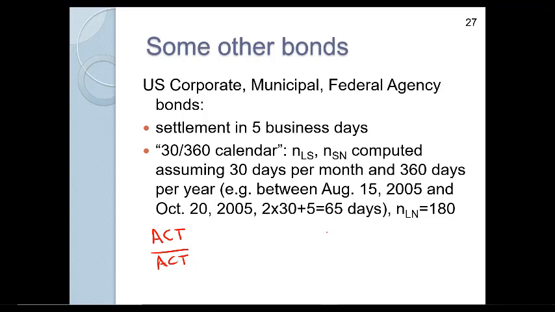So in this case, the number of actual days would be 66. Another convention could also be business days over 252. So in business days, you would count just the business days, which is 5 days per week. So these are different day count conventions that can be assumed when pricing a bond.